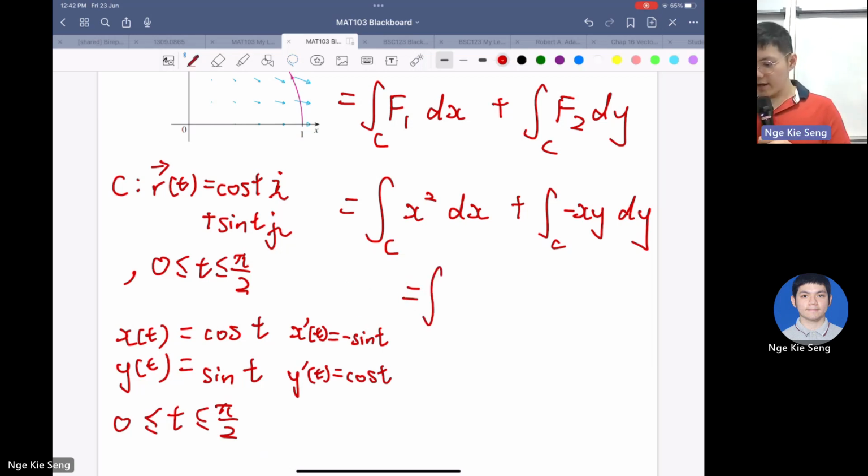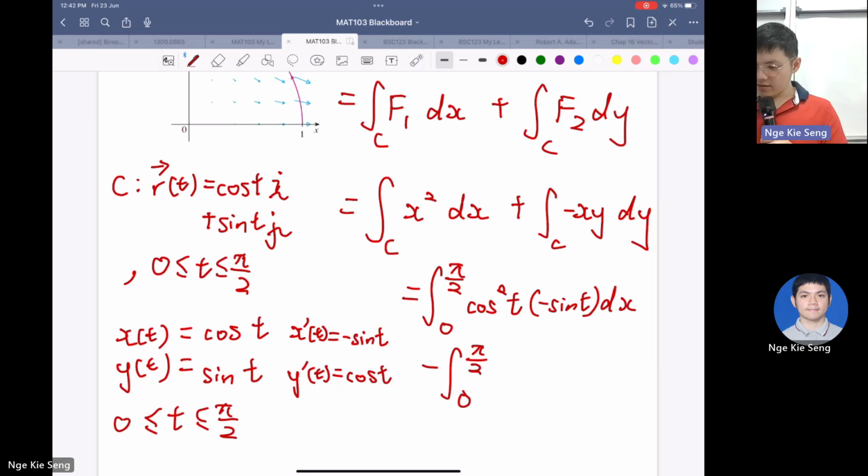so in the first case here, C is from 0 to π/2. x squared is cos² t, with a factor of minus sin t dt. And then integrate from 0 to π/2 again of x, which is cos t, y is sin t, and then y'(t) is cos t.